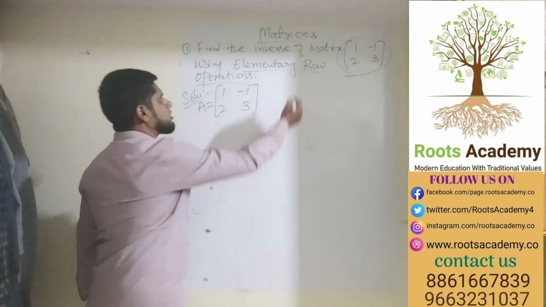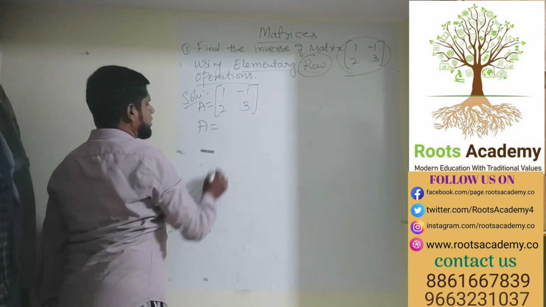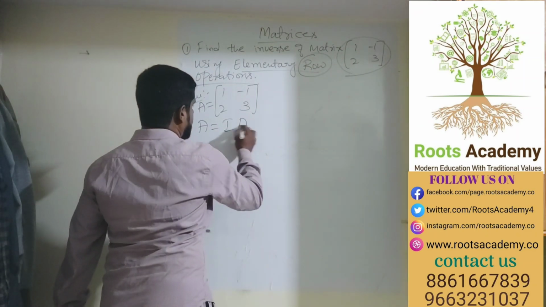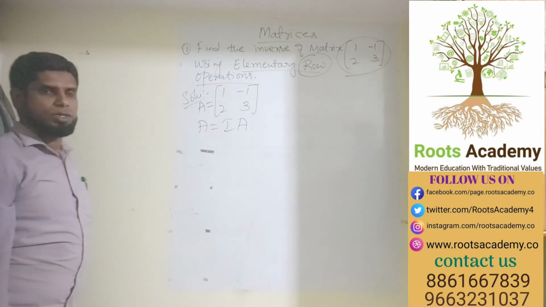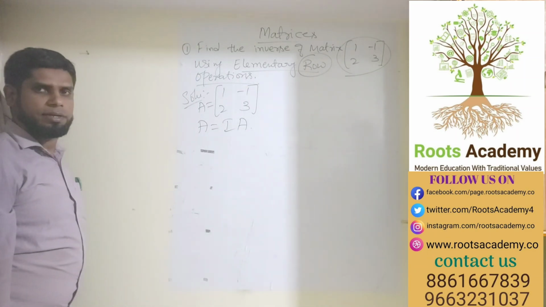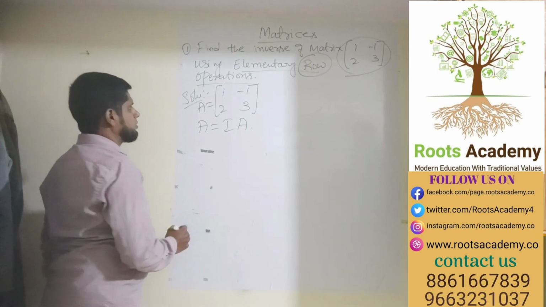Now he has mentioned it is row operation, so the condition for row operation is A equals I into A. Students, always for row operation you should use A equals I into A.